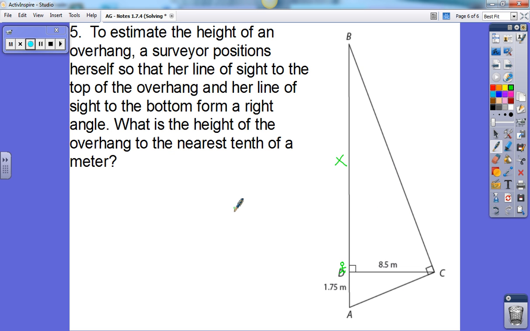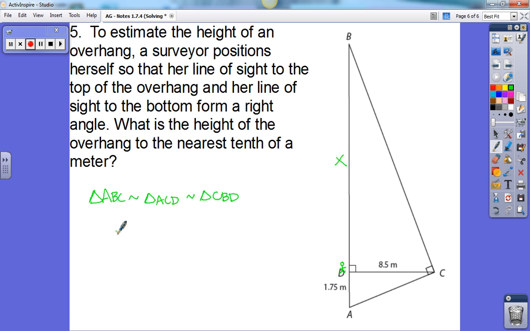And again, we have some similar triangles. We've got triangle ABC, this large triangle, and I named the right angle last, is similar to triangle ACD. ACD, naming that right angle last, is also similar to triangle CBD.